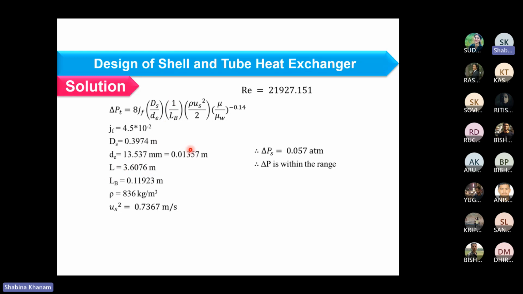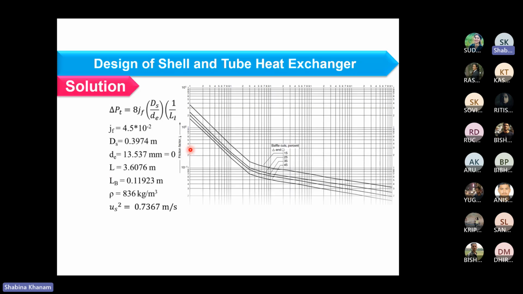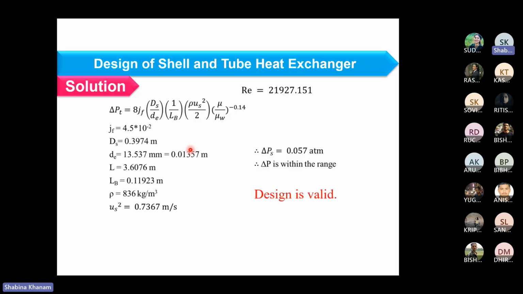For shell side pressure drop, you need to consider effective length. For tube side pressure drop, you need to consider total length. In that way we can see that the pressure drop of both sides should be in the permissible limit, and that we consider as the validity of our design.